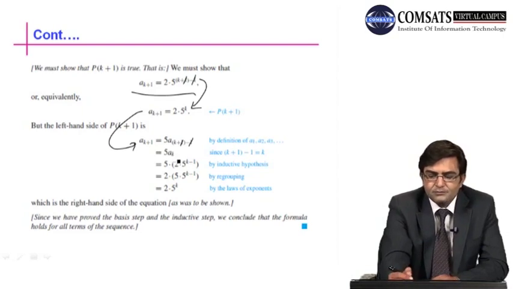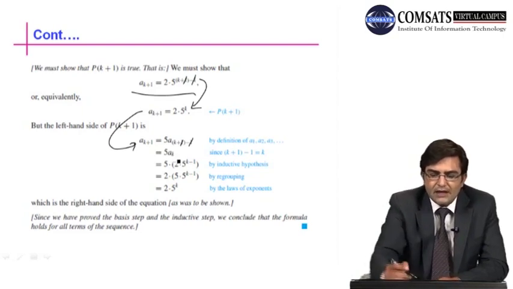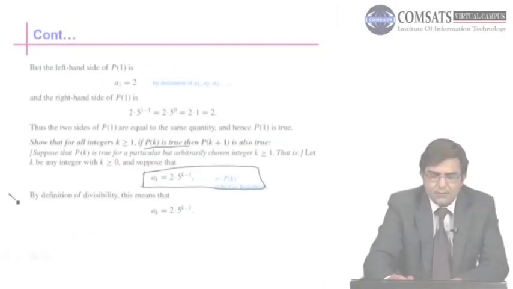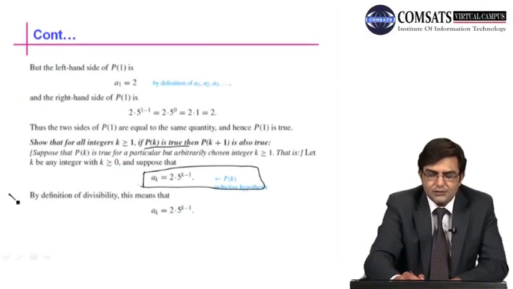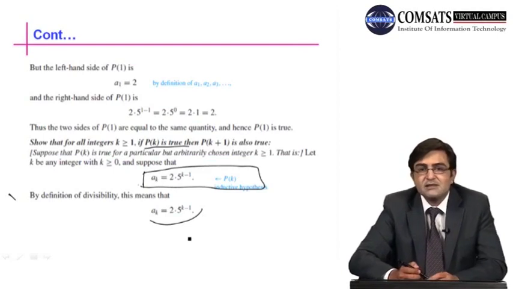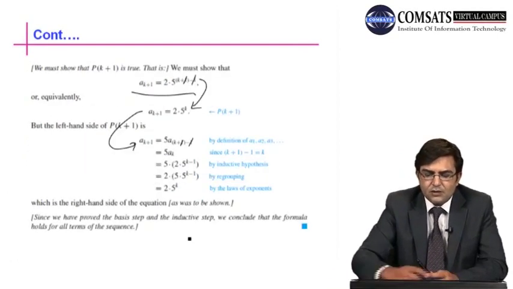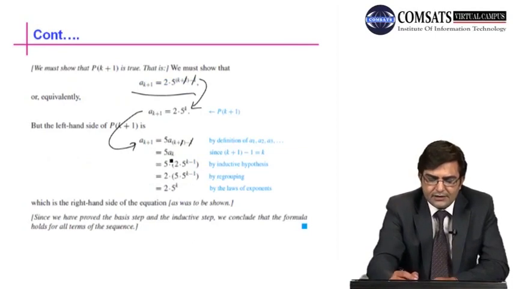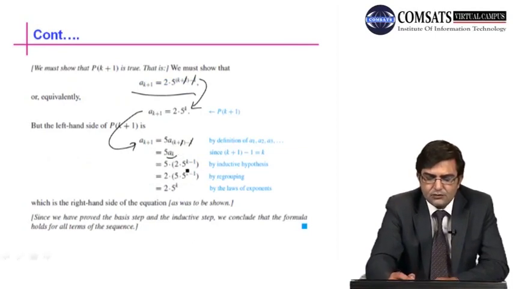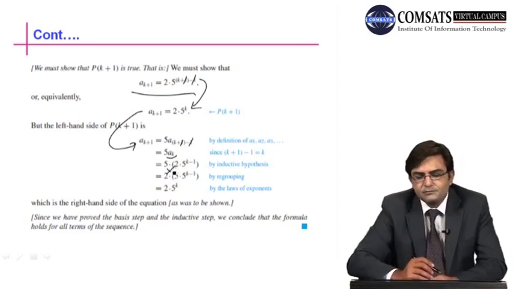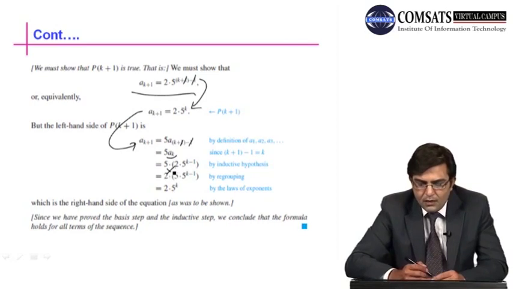Now ak, by using this, is 2 into 5 power k minus 1. So here we can write, instead of ak, 2 into 5 power k minus 1. We write 5 here and 2 here, we can interchange.